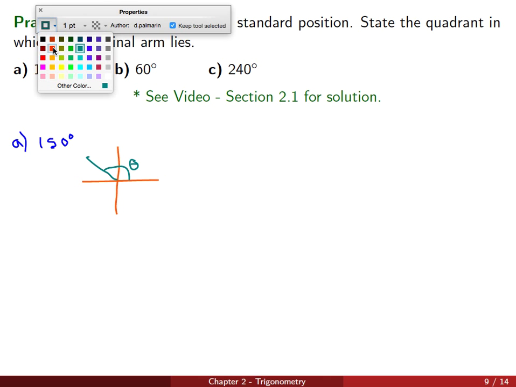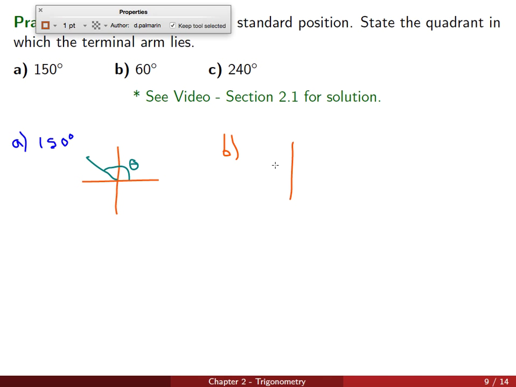The next one is 60 degrees. Again, you draw your little coordinate system. 60 degrees is going to be in quadrant 1. Something like that, above 45. And C is 240 degrees.